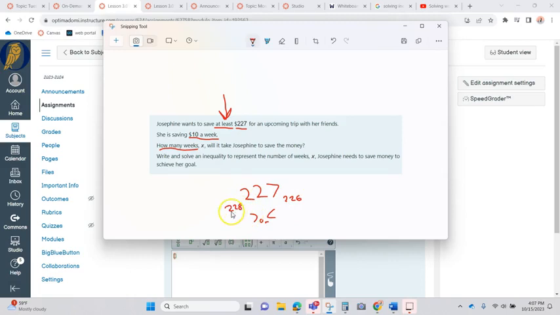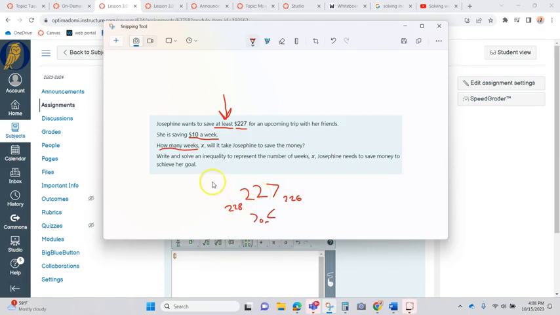So is 228 at least 227? If I earned $228, is that at least $227? Yes, it is. Is 226 at least $227? Nope, that's not enough. Darn it.